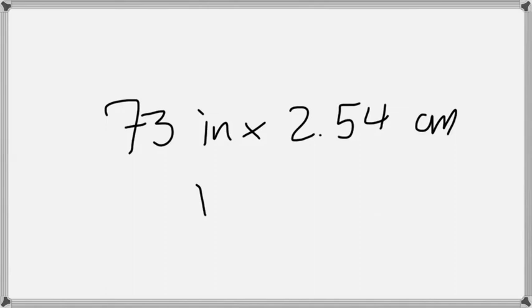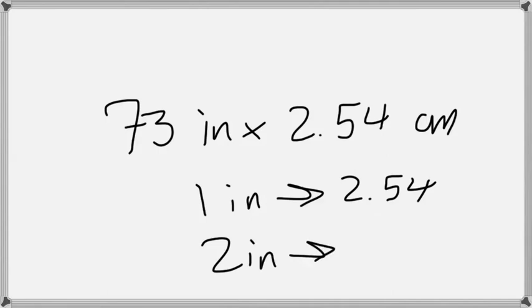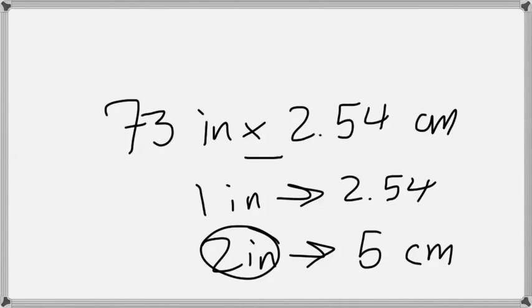Because if 1 inch is equal to 2.54 centimeters, and 2 inches is about 5 centimeters, right? You have to take your inches and multiply it times that 2.54, and that will give you the original distance that you measured in centimeters.